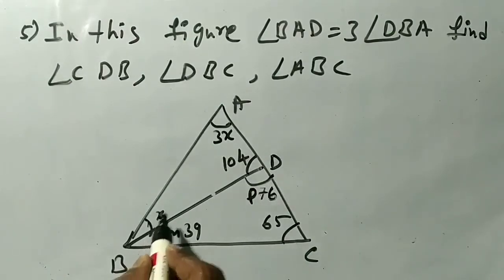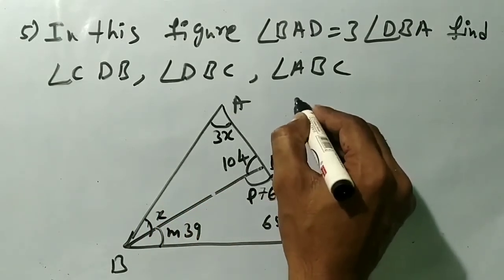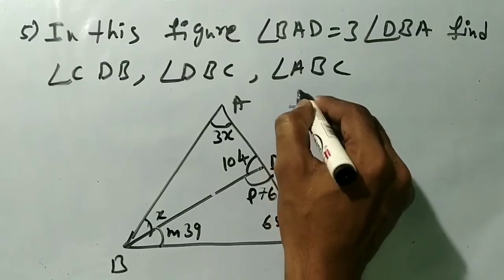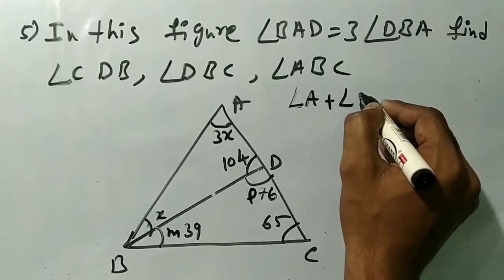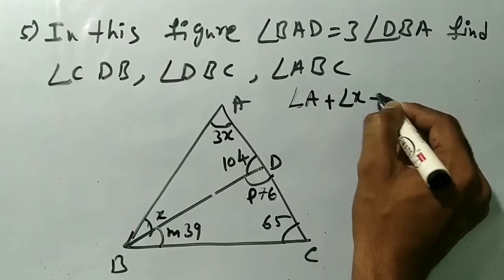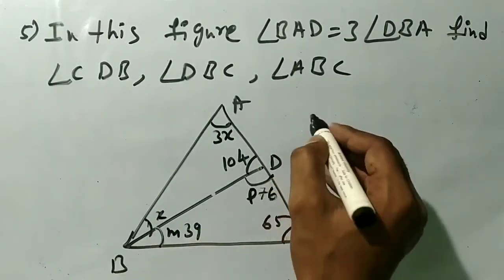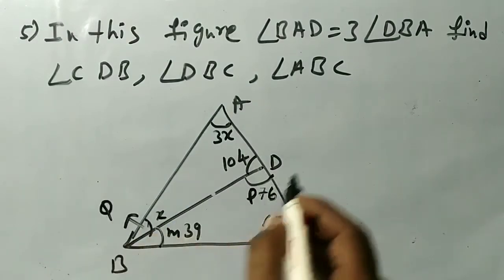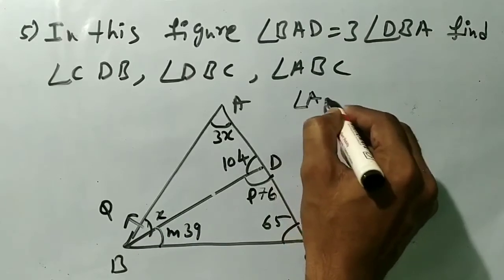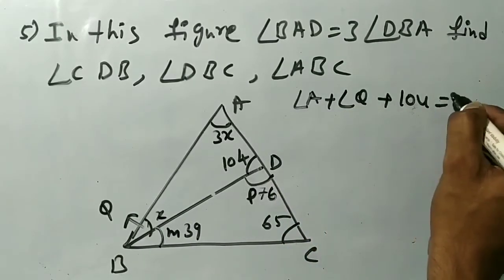Let us consider this angle as angle Q. So angle A plus angle Q plus 104 is equal to 180.